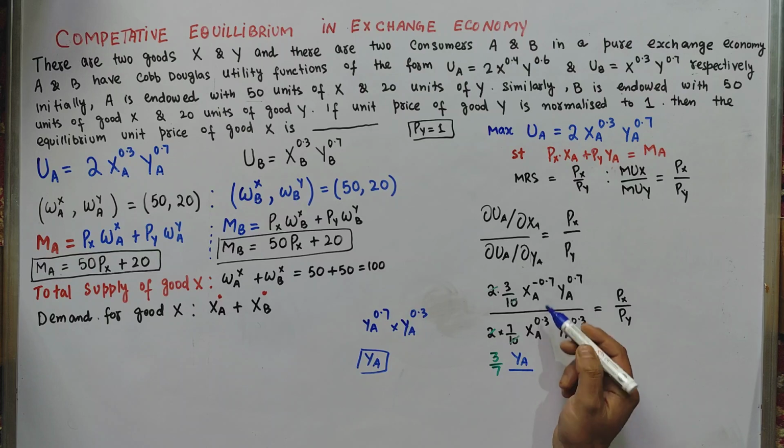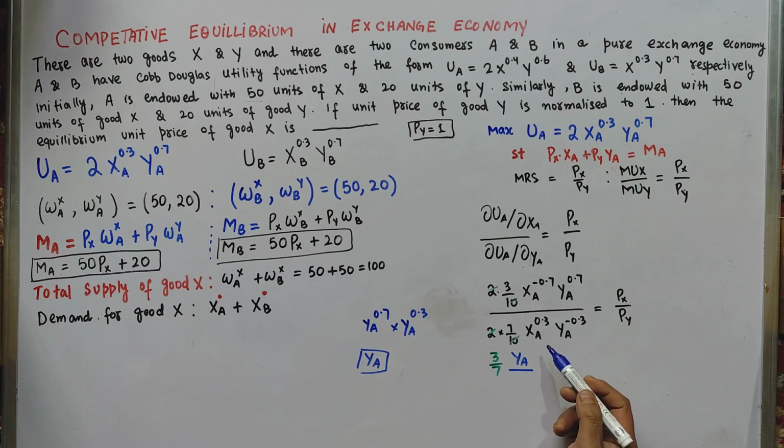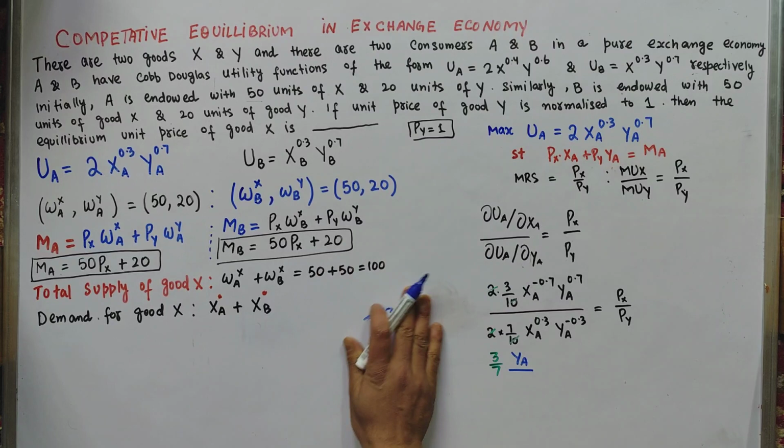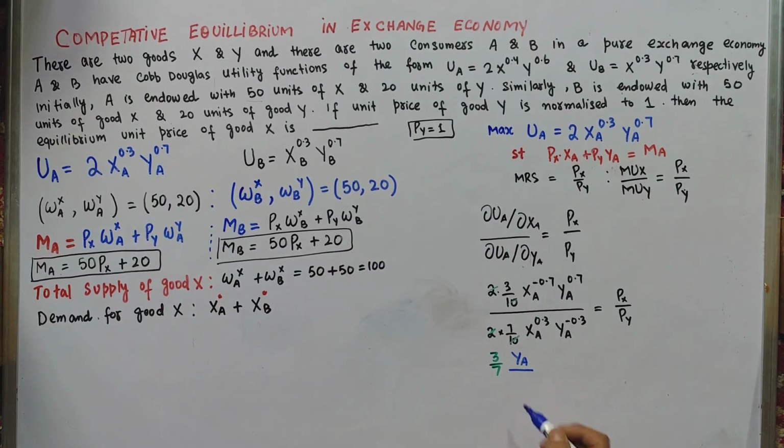By the same logic, we transpose this x_A to the denominator, the exponent sign will change, it will get multiplied with this x raised to the power 0.3, and it will add up to 1. So we will get only x_A here, equal to price of x upon price of y.